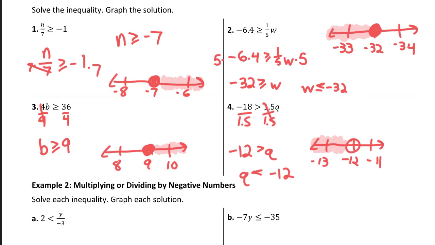Okay, so here's a chance for you to take a minute, double check your answers, compare them with mine. If you think I made a mistake, let me know, okay? The only one I really want to explain more in depth is number 2 with the fraction, all right? 1/5. The way I eliminate 1/5 from that side, when you eliminate a fraction, you are multiplying by the reciprocal.